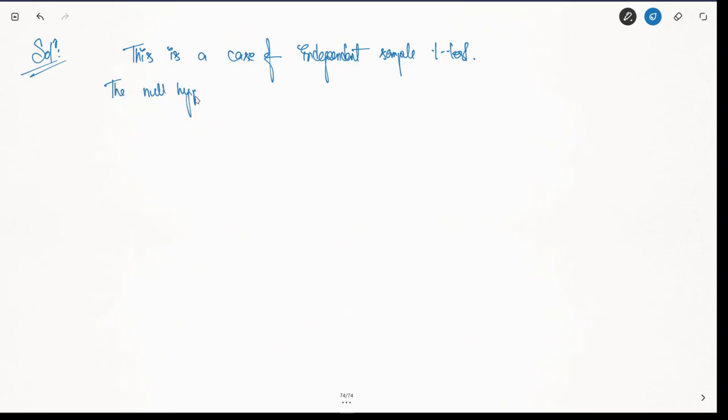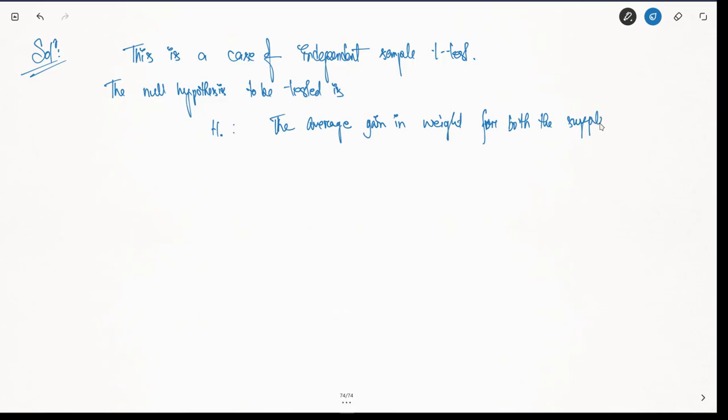The null hypothesis to be tested is that the average gain in weight for both the supplements are not significantly different, right?